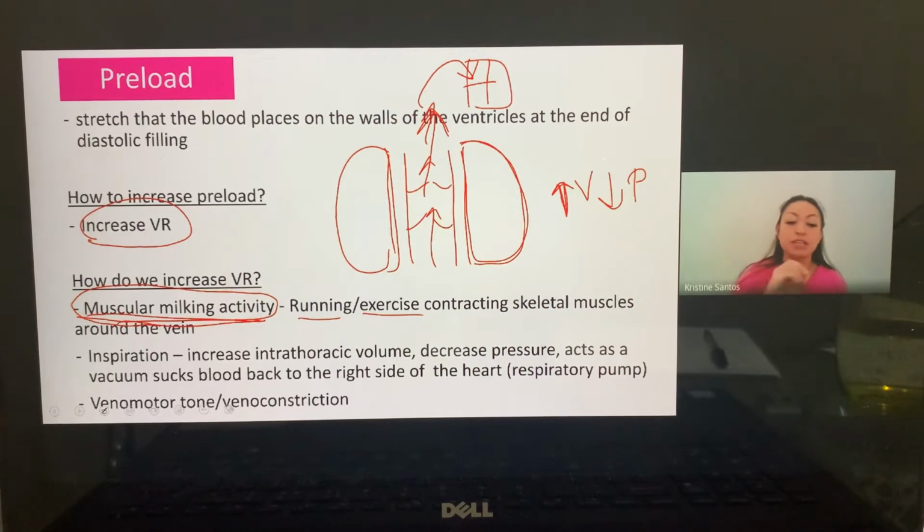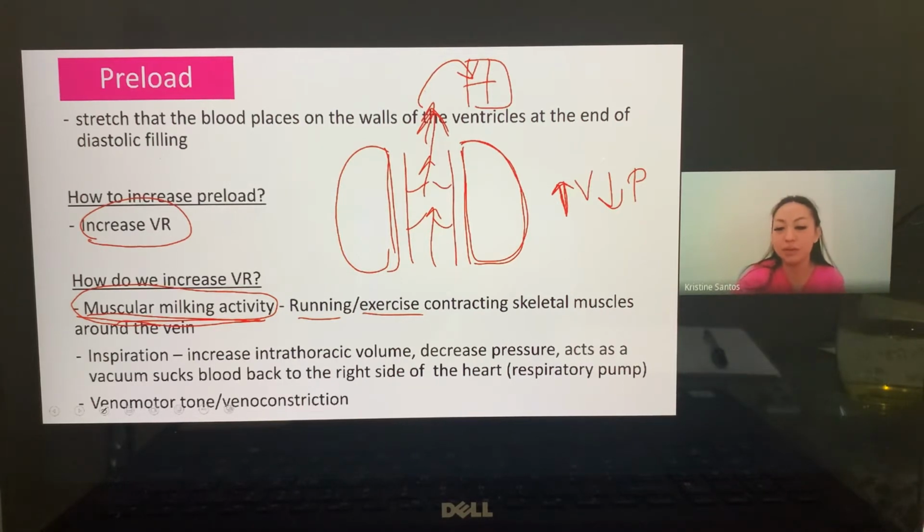And the third one is venomotor tone or venoconstriction. Veno refers to the veins, and constriction is the constriction of the smooth muscles in the vessels. Imagine when you're squeezing a tube of toothpaste. You're squeezing the fluid inside and it goes out.